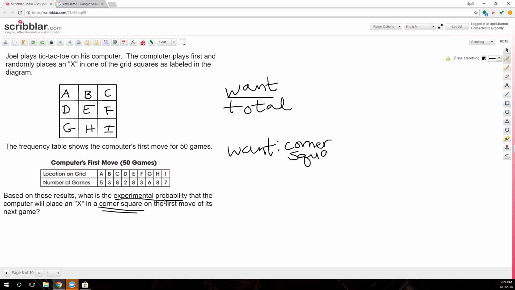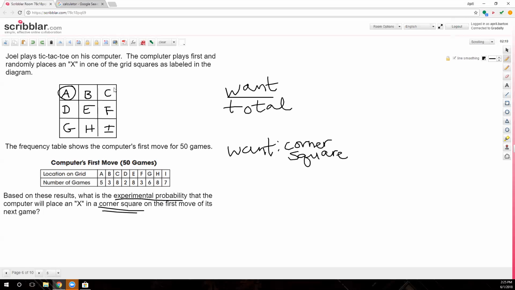So what letters are the corner squares on our grid? A, C, G, and I. Good.